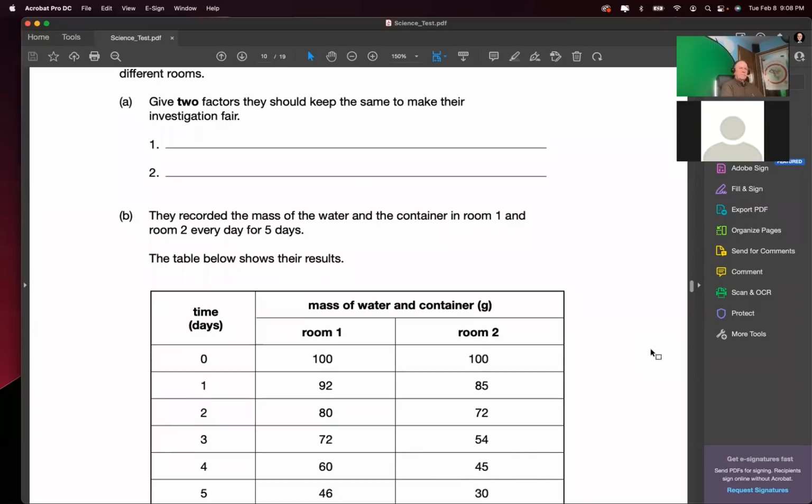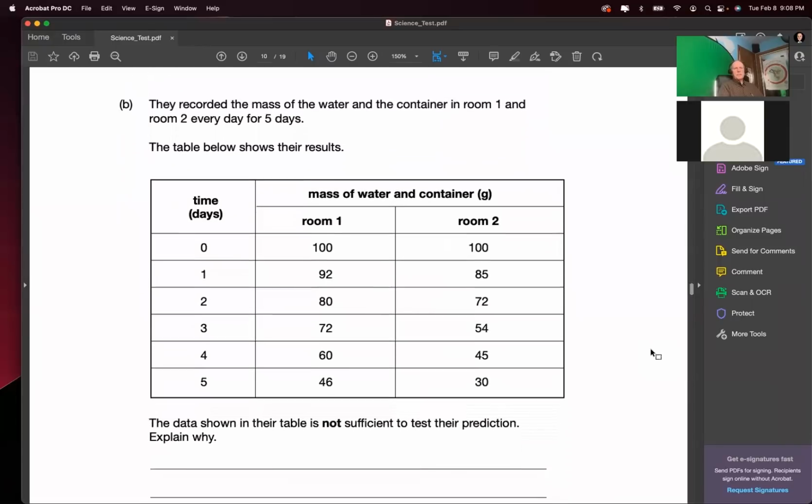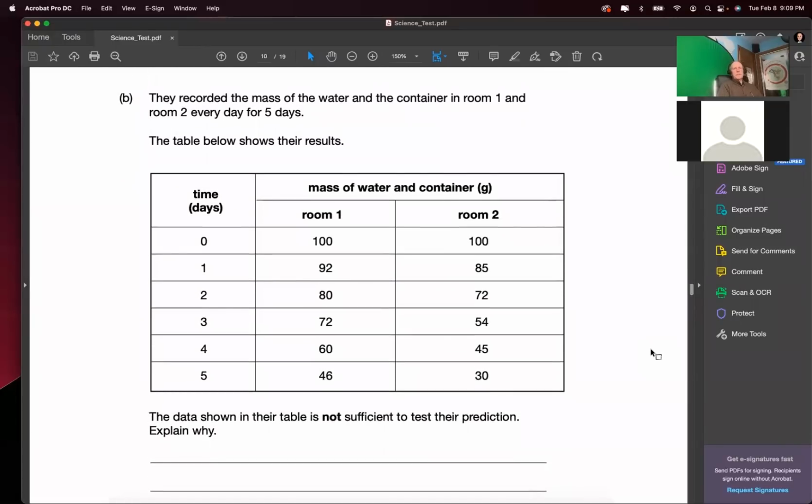Now, you answered those two. They record the mass of the water and the container in room 1 and room 2 every day for 5 days. The table below shows their results. The data shown in their table is not sufficient to test their prediction. Explain why.